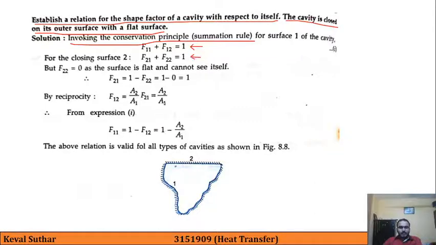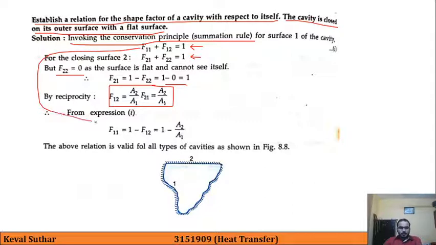F22 will be 0 because it is a flat surface, so it cannot see itself. So F21 is equal to 1 minus F22, so F21 is 1. All radiation from surface 2 is received by surface 1. Now we have the reciprocity theorem.